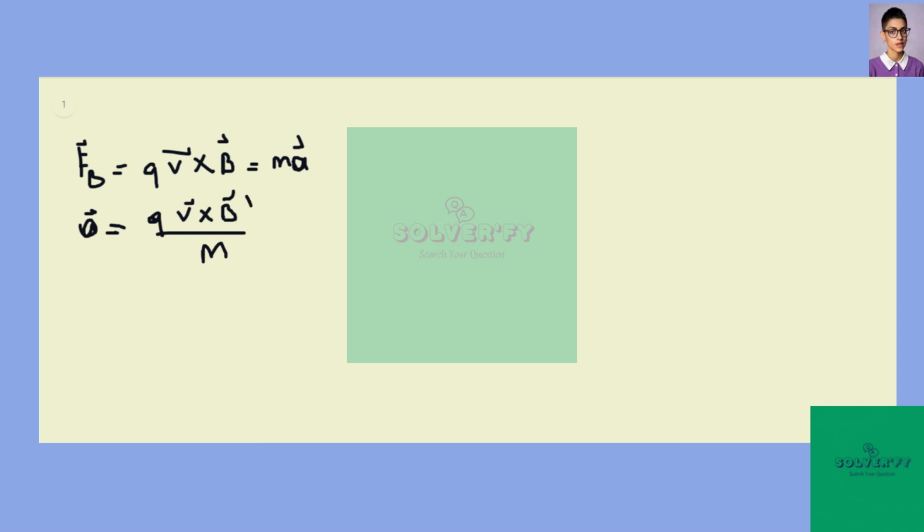Now let's take care of this cross product part in a separate place. V cross B, since V is given as 3 times 10 to the power of 4 meters per second J hat, cross the magnetic field.